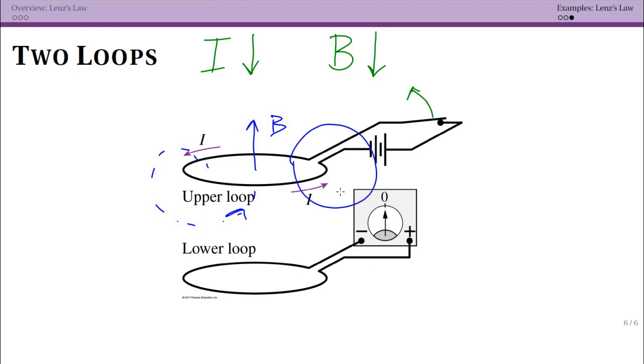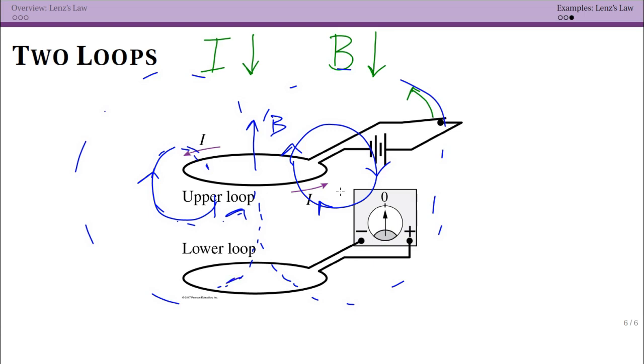So if I try to sketch this out a little bit, imagine some really big circles here, at the lower loop, my magnetic field is up, okay? So my magnetic field is up at the lower loop, and we see that it is decreasing in magnitude.